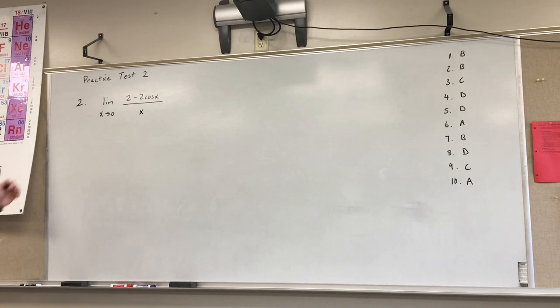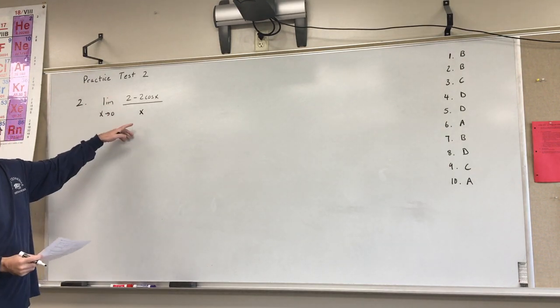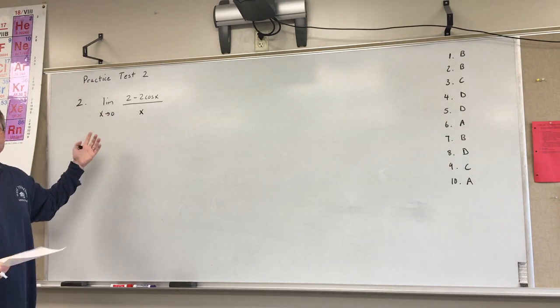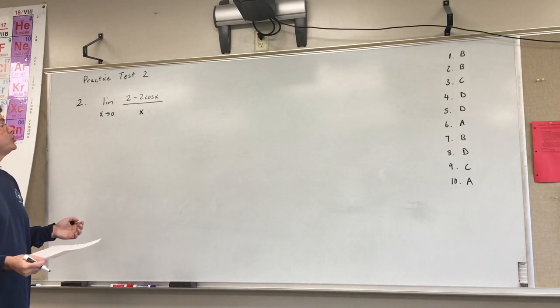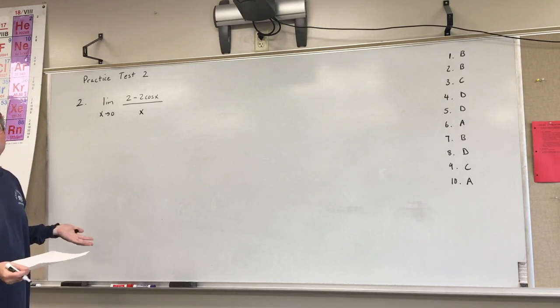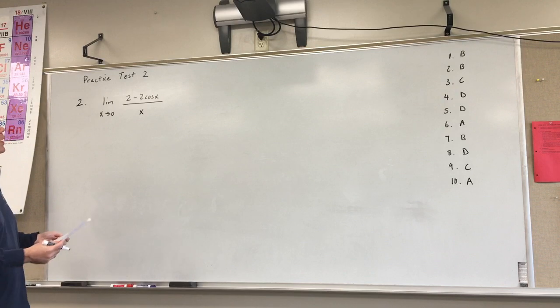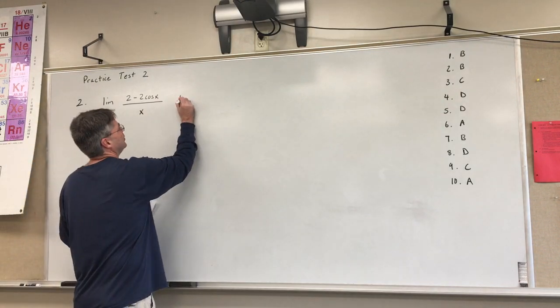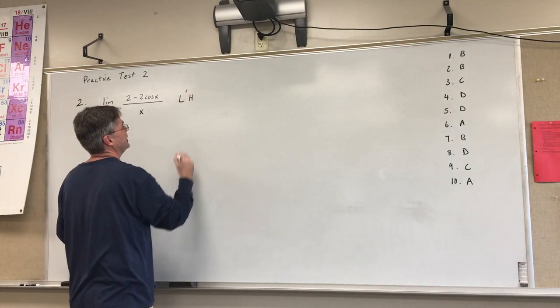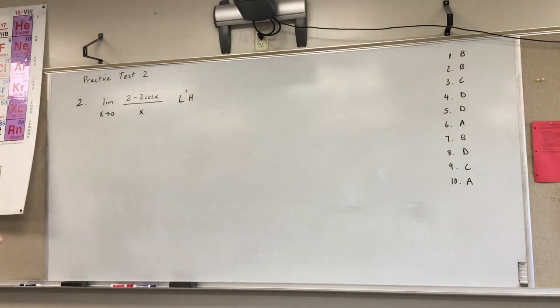Okay, so this is going to give you 0 over 0 if you plug the 0 in. So that's indeterminate form. What you want to do is use L'Hopital's rule. Okay, so we usually will do something like that to indicate that we're doing L'Hopital's rule. It doesn't matter on the multiple choice part whether you put that or not.